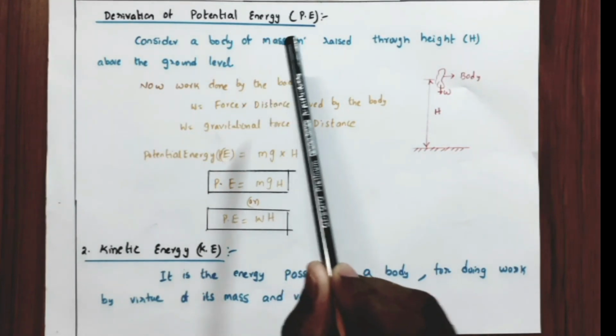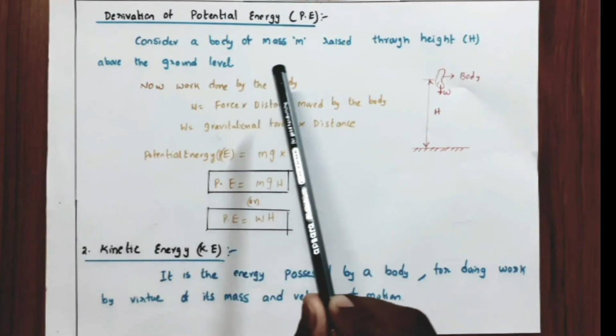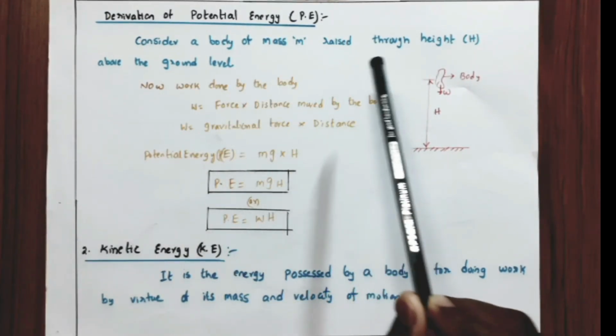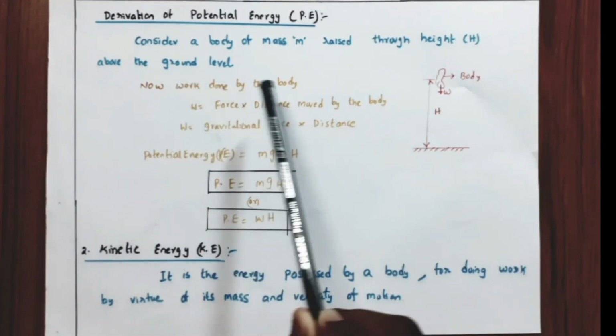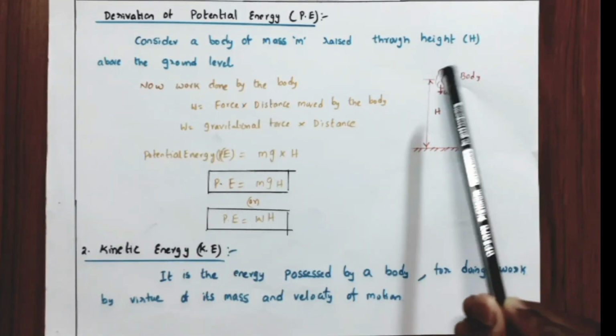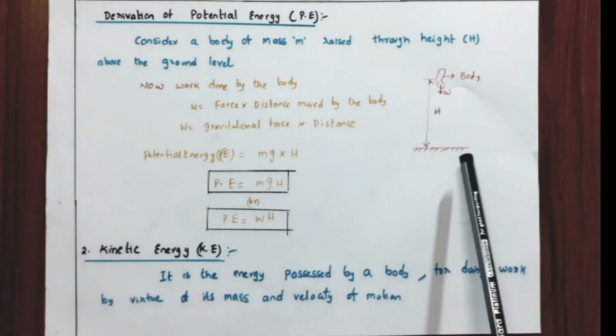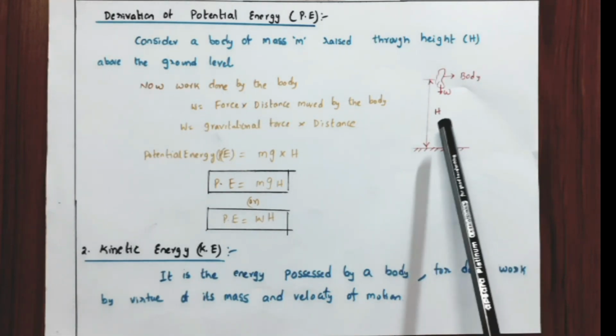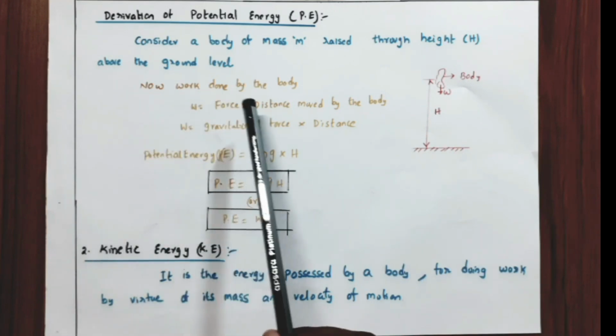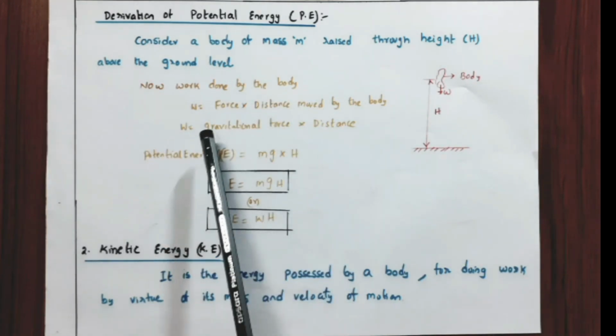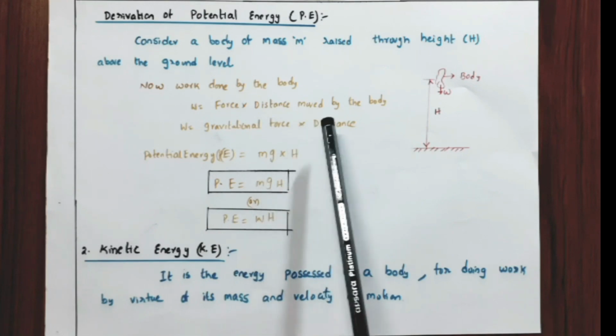Derivation of potential energy. Consider a body of mass m raised through a height h above the ground level. The body is raised above the ground level, and here the height is h. Work done by the body W equal to force into distance moved by the body.